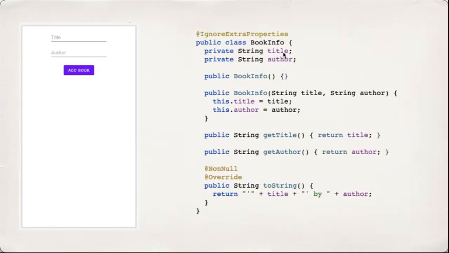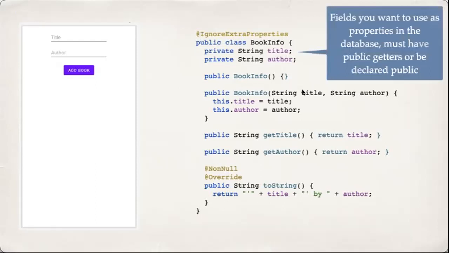Now, the fields can be private, but if they are private, they must have public getters, or they can be public. Okay, so we'll keep them private and use the getters. So these are supposed to be properties like in Kotlin, and for compatibility with Java, this is the trick you have to do.